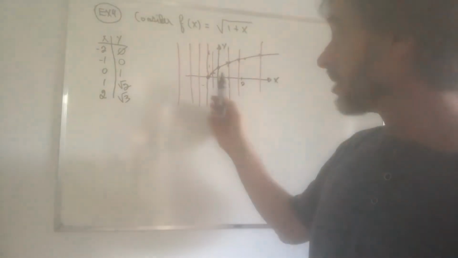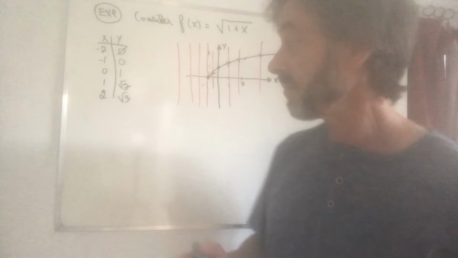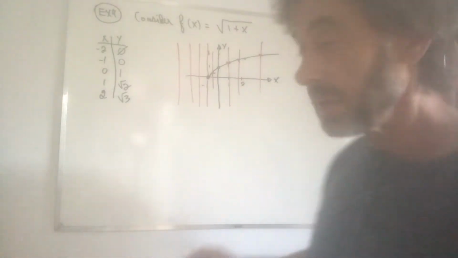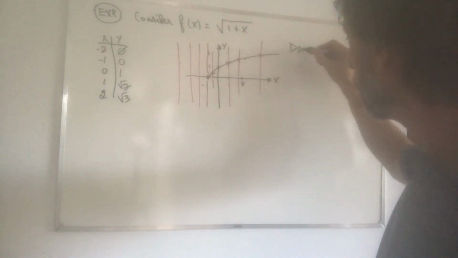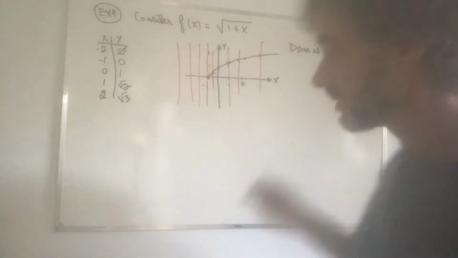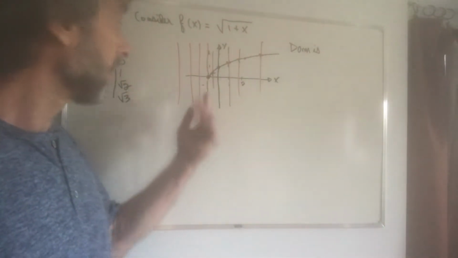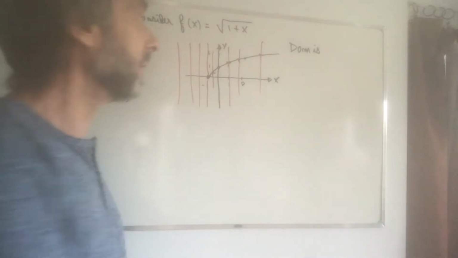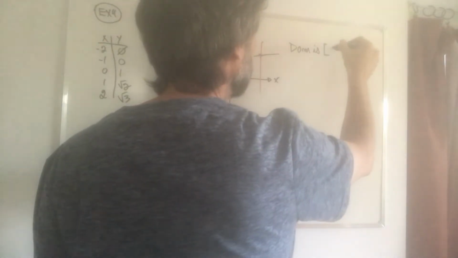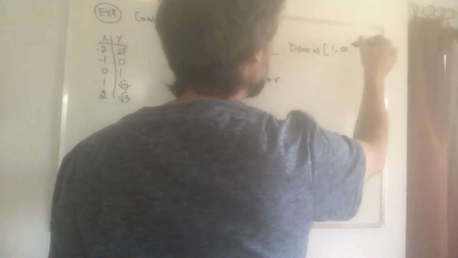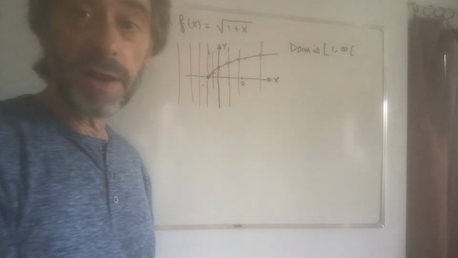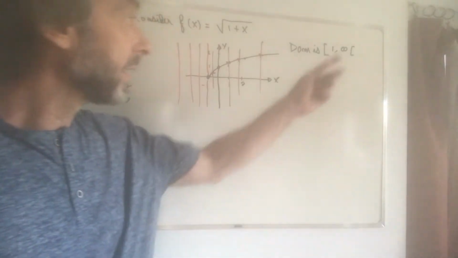So the domain does not begin until we have -1. This actually says that the domain is, how do I write this? From -1 to infinity. Now infinity is never included, so it always carries an open bracket.